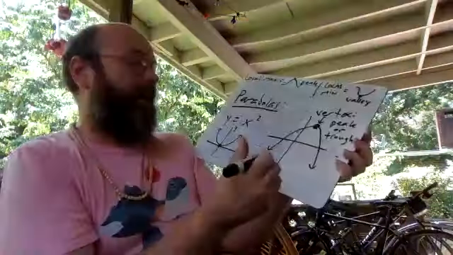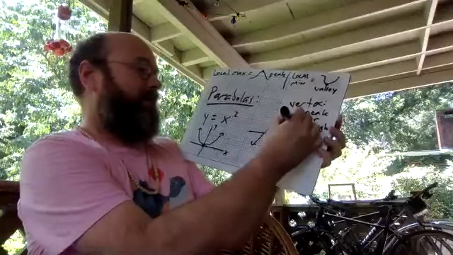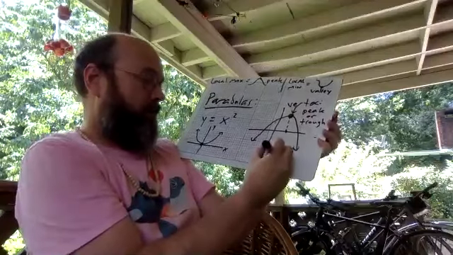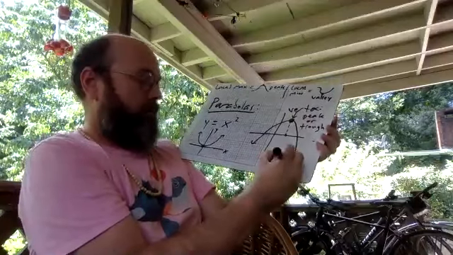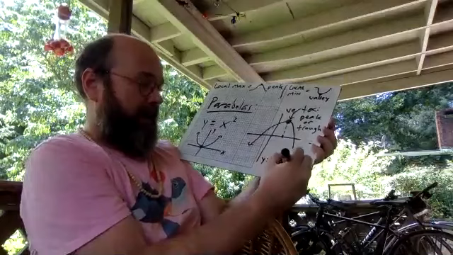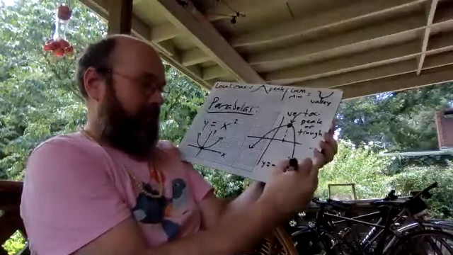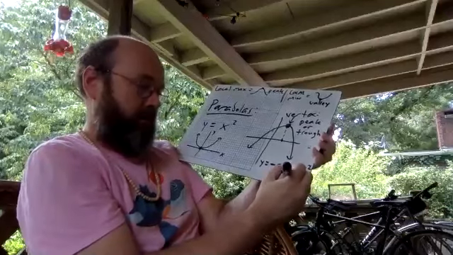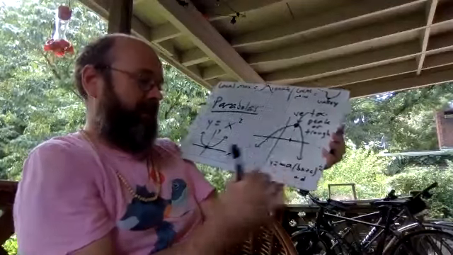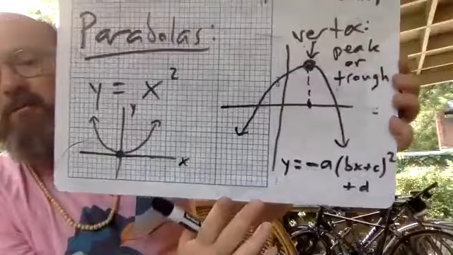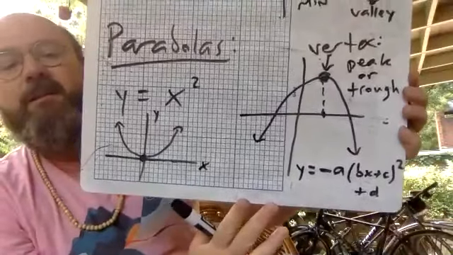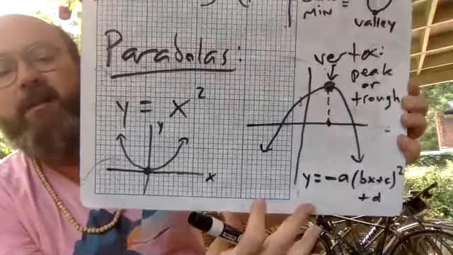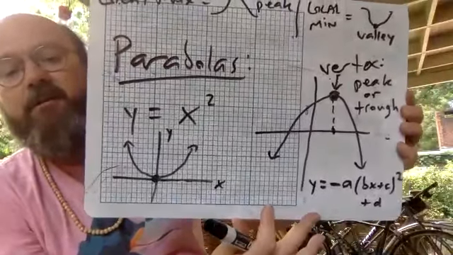And you'll remember from pre-calculus that there's a very, very slick method. This parabola has a certain form, y equals minus a (bx plus c) squared plus d, something like this. This is the general form of a parabola. Note that that's a quadratic polynomial if you expand it, that is, if you multiply it out using FOIL.